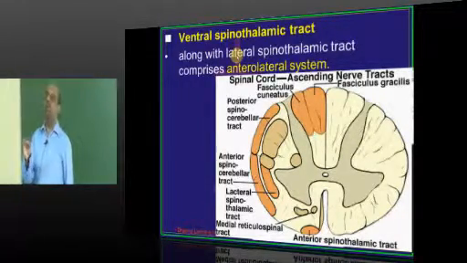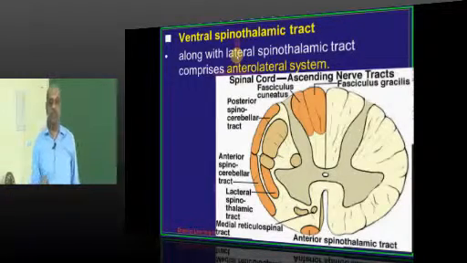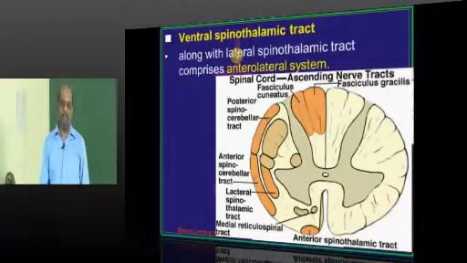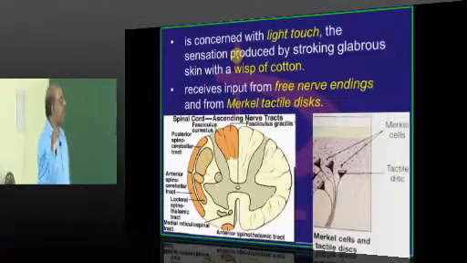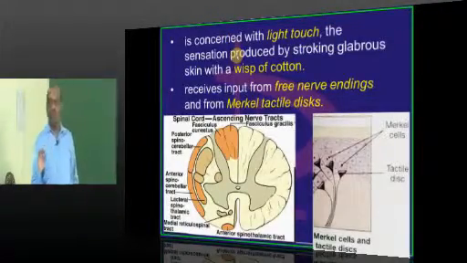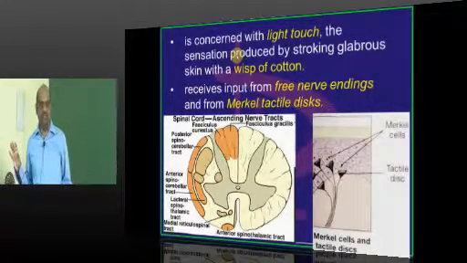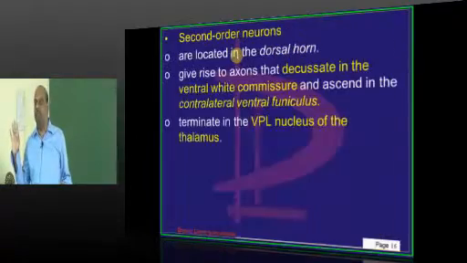Here comes the whole secret of remembering difference between lateral spinothalamic versus ventral spinothalamic. Ventral spinothalamic basically carries light touch, free nerve endings, Merkel's disc. These are the things which we need to remember.